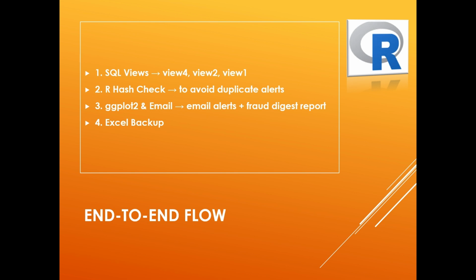There is an R hash check, as you can see, to avoid duplicate alerts. The current data is compared with the last data, so if the data is the same, the alerts will not fire. Then ggplot2 and email.